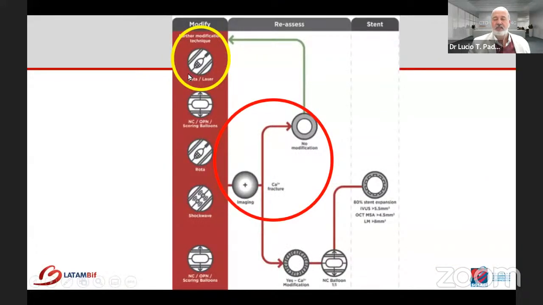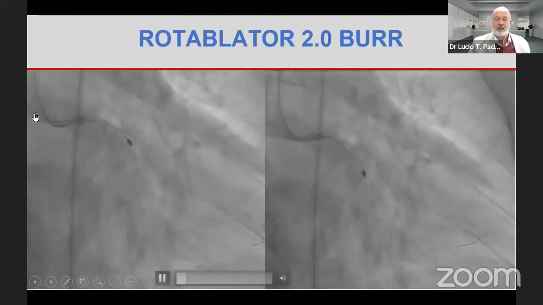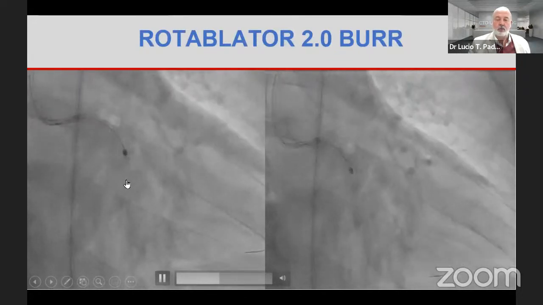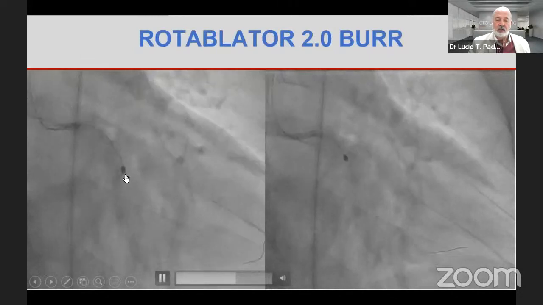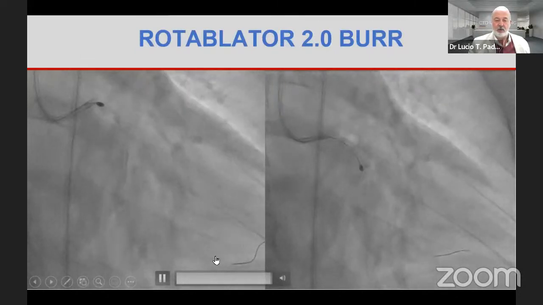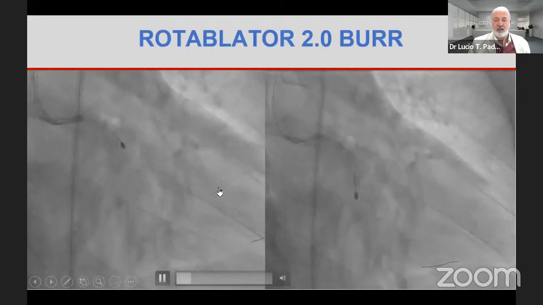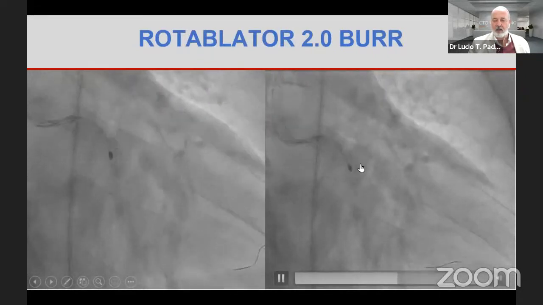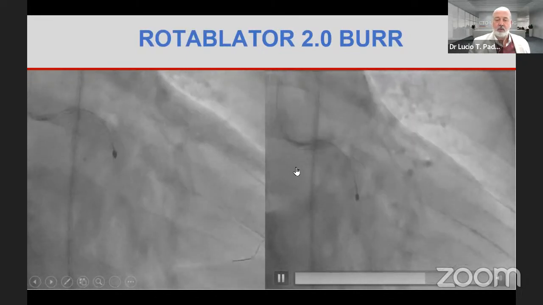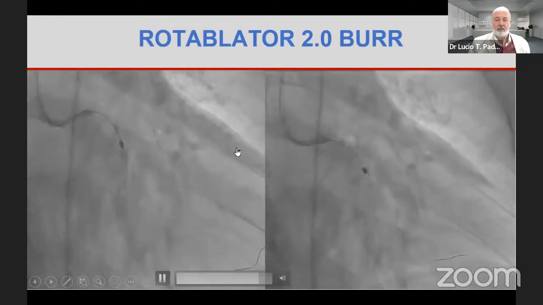So I changed to an 8-French guiding catheter. Look at this, a burr of 2.0. Look, I was ablating, and here there is asystole because of the ablation, but nothing here. Then I did another ablation with a 2.0 burr, all okay.